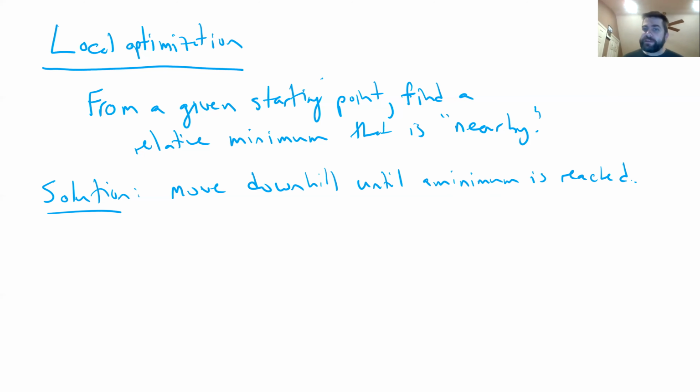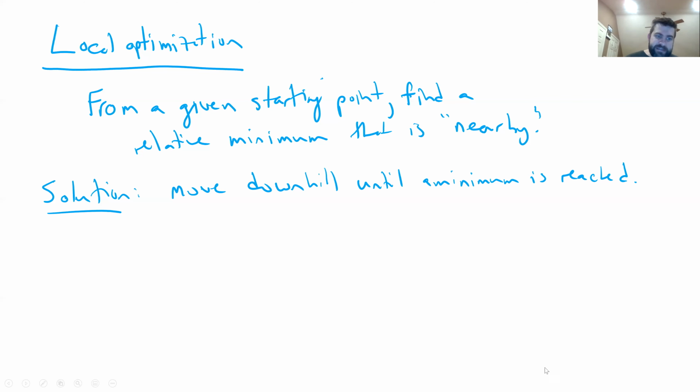As long as there are local minima in the space, or I should say, as long as there aren't unbounded regions in the space, then eventually you'll hit a point where there are no more downhill steps allowed. That is, you're at a local minimum. So conceptually, we have a very simple solution.